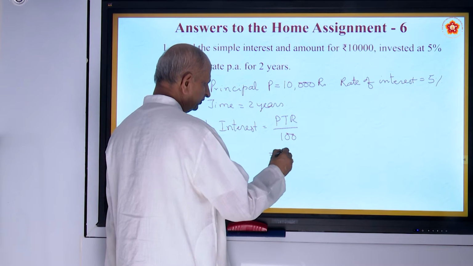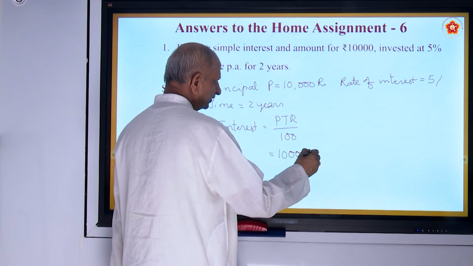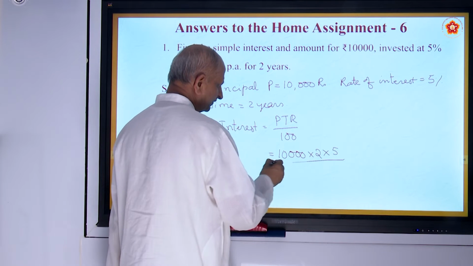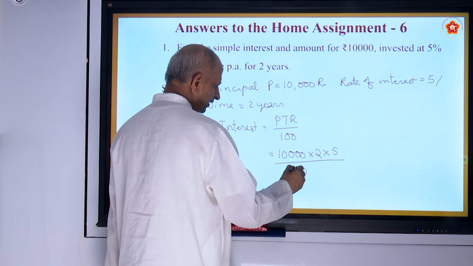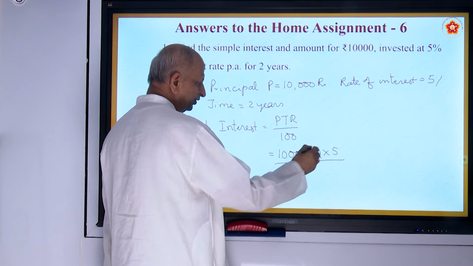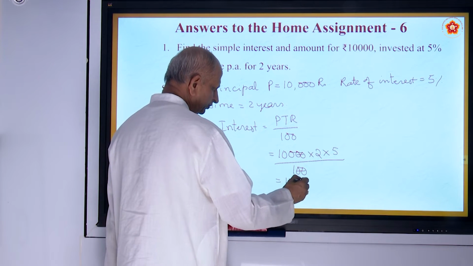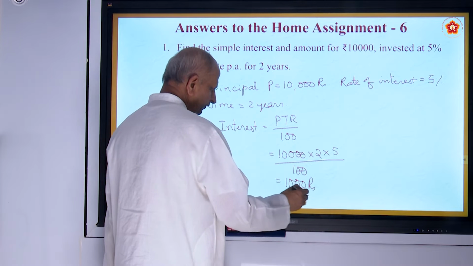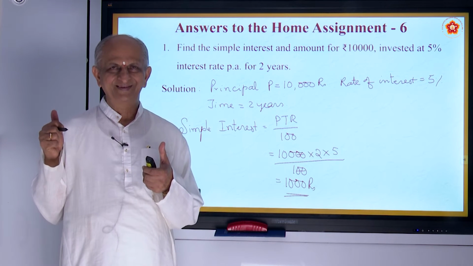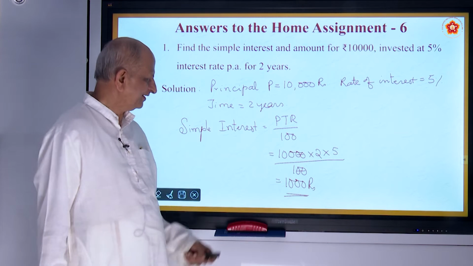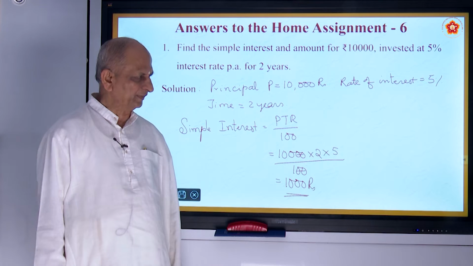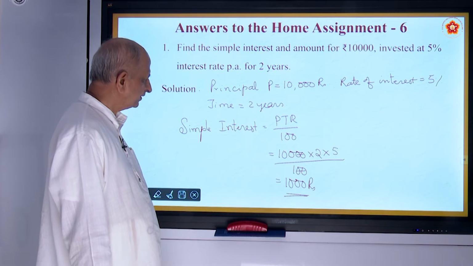So, you have 10,000 into time 2 years, rate of interest 5%. If you cancel these two, you have 100 into 10, that is 1000 rupees. So simple interest is equal to 1000 rupees. How many can do it? Okay, very simple, correct? If you know the formula, it is very simple. So, shall we go to the next problem?